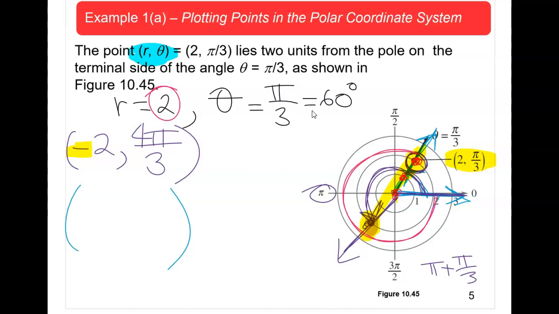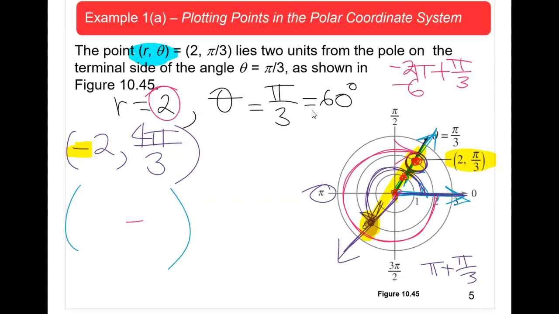And so that angle will be negative 2 pi plus pi over 3.